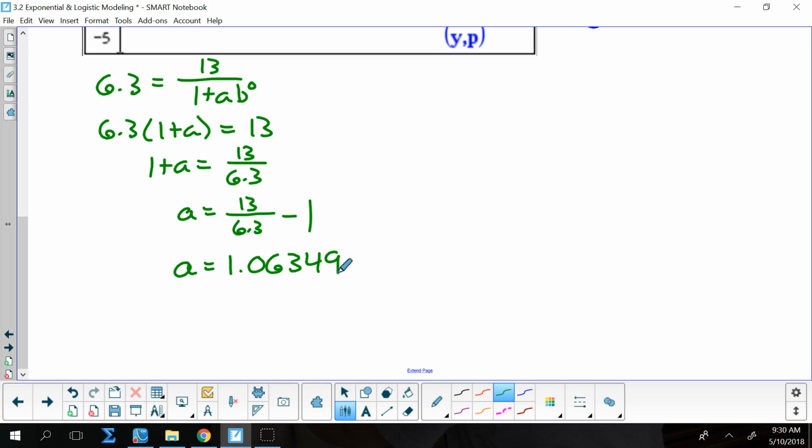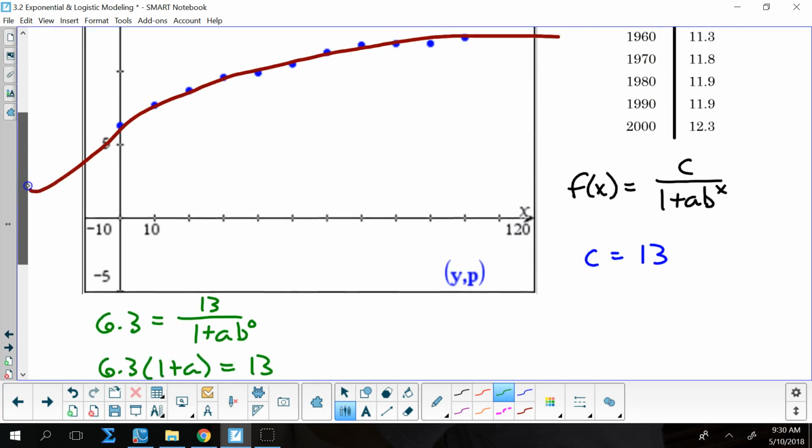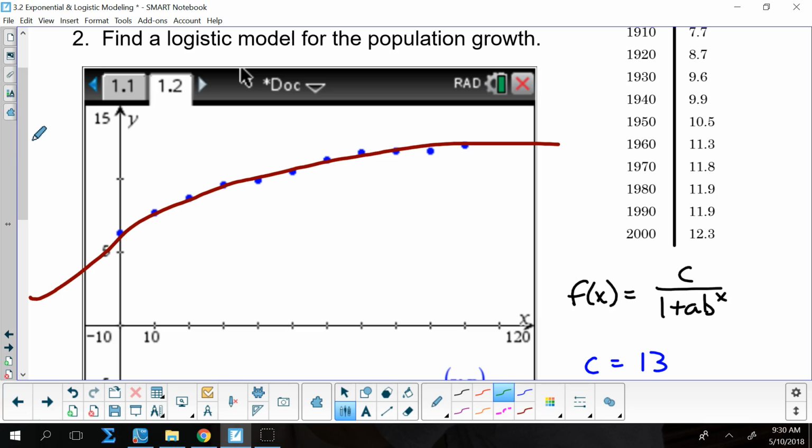Now what do we have to find? B value. Okay, which data point do we want to use to help us find the B value? You guys tell me when to stop. What if I go one more, because these are kind of in a line over here, so I'd go to one of those end ones. That one?